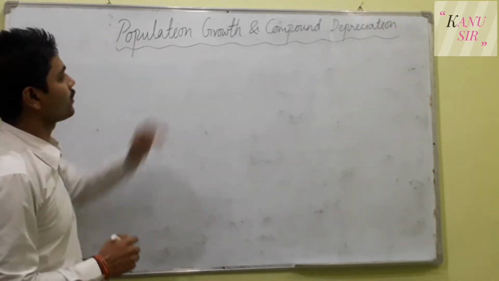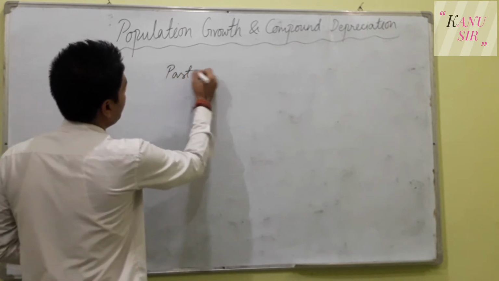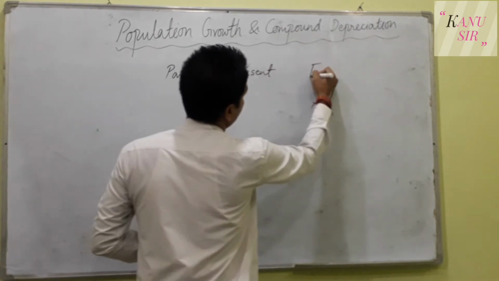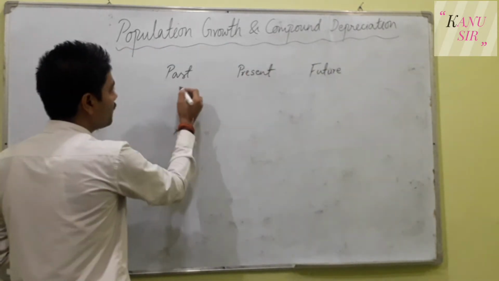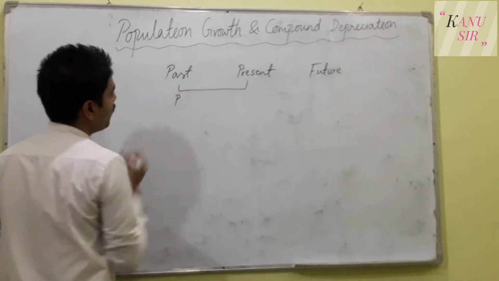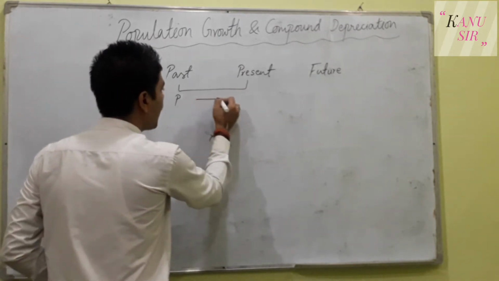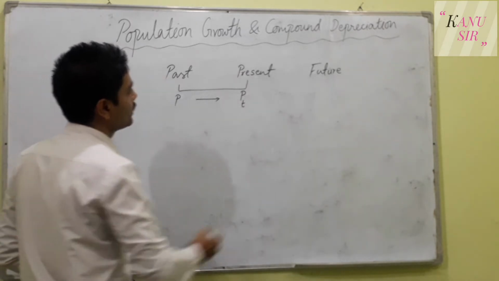First, let us take population growth. I'll write here past, present and future. If we take the difference between past and present, the first term will be population P, and after a certain period of time the population P will change to PT.